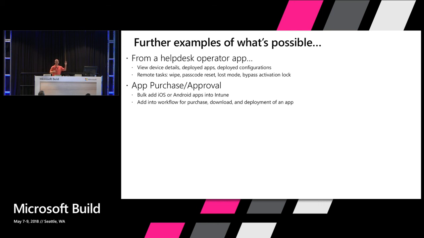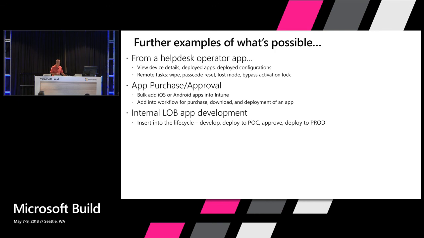So the requester says, I'd really like AutoCAD, and that needs a bunch of approvals. That goes through, finally gets paid, gets pushed into Intune automatically, then gets deployed to the desktop of the user who initially requested it. All that workflow can be coordinated, and the end result, which is the user gets the application, can all be coordinated through Graph.